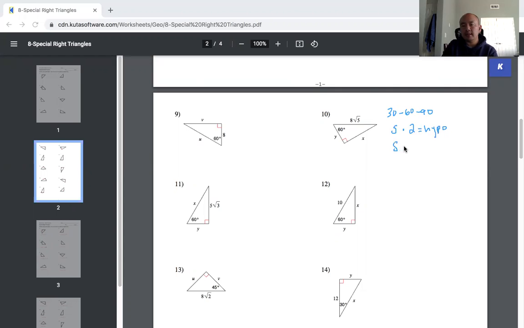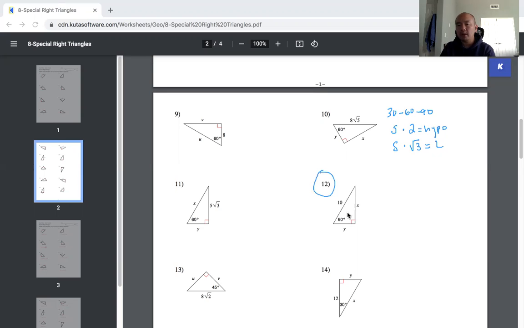And then the short leg times radical 3 is equal to the longer leg. In the 45, 45, 90 degree triangle, we have the two legs that are equal. In the 30, 60, 90 triangle, however, there's one leg that's shorter and one leg that's longer. So the L is the longer one and the S is the shorter one. And remember, the hypotenuse is always the longest side.